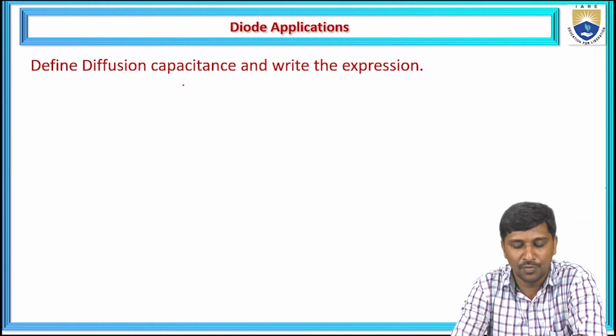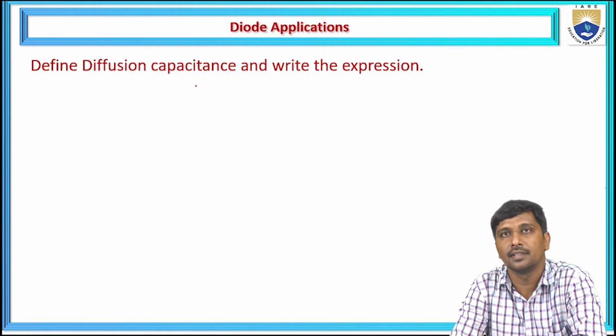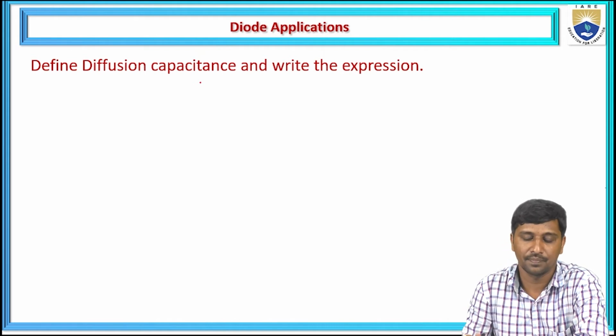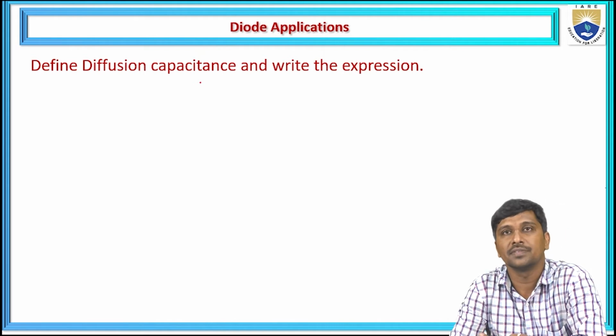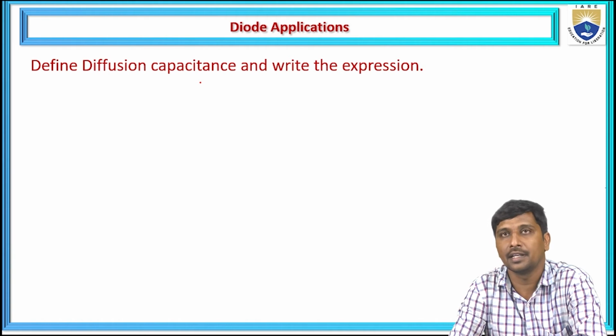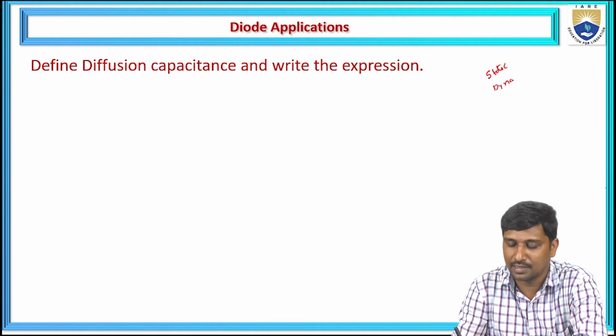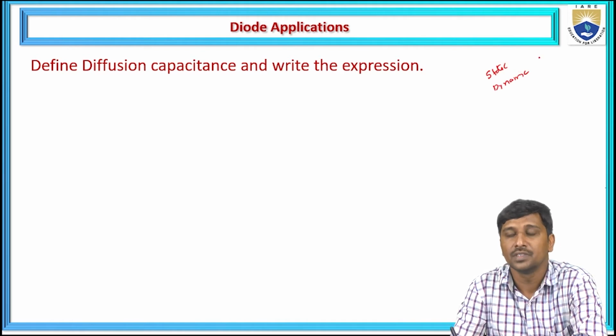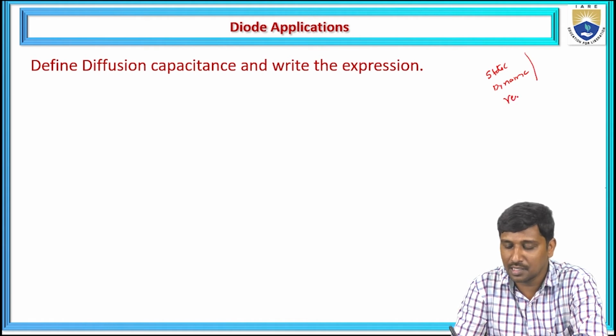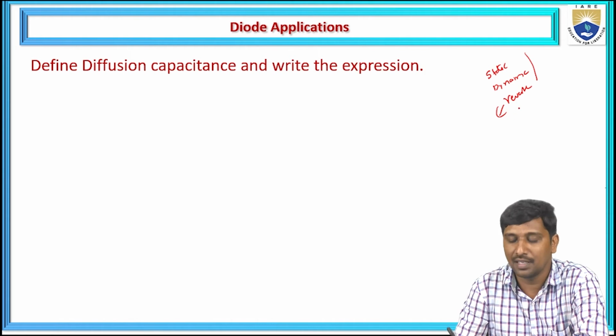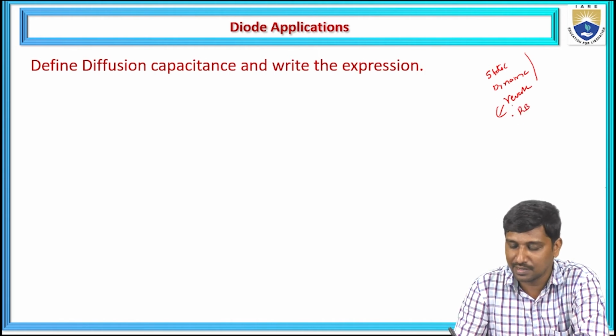Then define diffusion capacitance and write the expression. In diode applications, based on the diode operation, we have resistances: one is static resistance, another is dynamic resistance, and another is reverse resistance. The reverse resistance is observed when the PN junction is reverse biased.